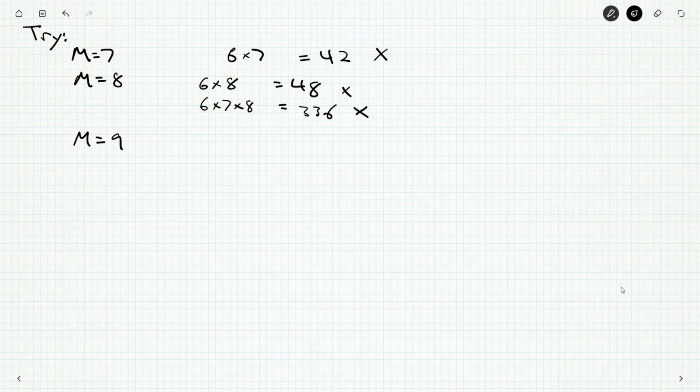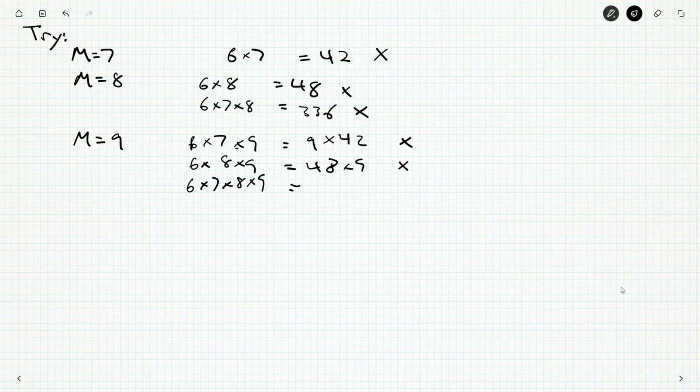Now the 9 one you can rule out right away, because you can have 6 times 9, or 6 times 7 times 9, which is 9 times 42, not a square because 42 was not a square. Or 6 times 8 times 9, which is 48 times 9, also not a square. 6 times 7 times 8 times 9 is 336 times 9. So 9 is a perfect square, and it has to use other numbers smaller than it.